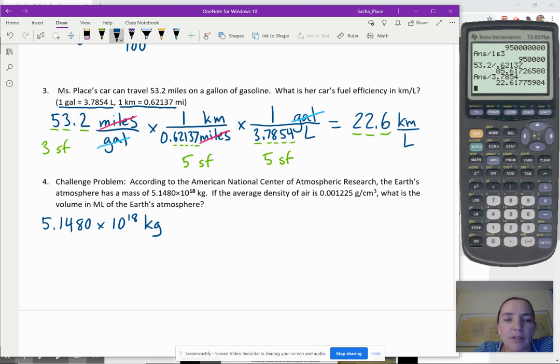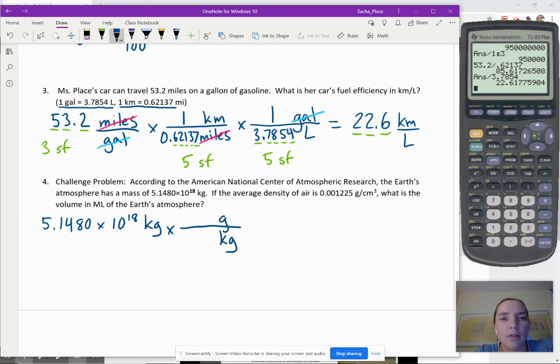So I have to ask myself first, okay, well, I've got kilograms here, so even if I can see no clear way to get to megaliters, I can at least say to myself, I need to get rid of kilograms. And so that's going to go on the bottom. And something I can always convert any unit into is its base unit. So I could go from kilograms to grams.